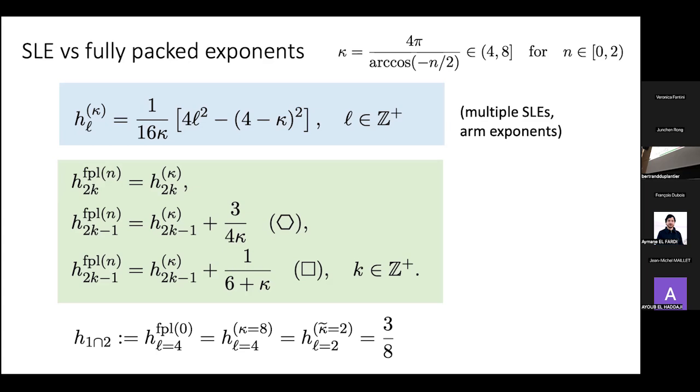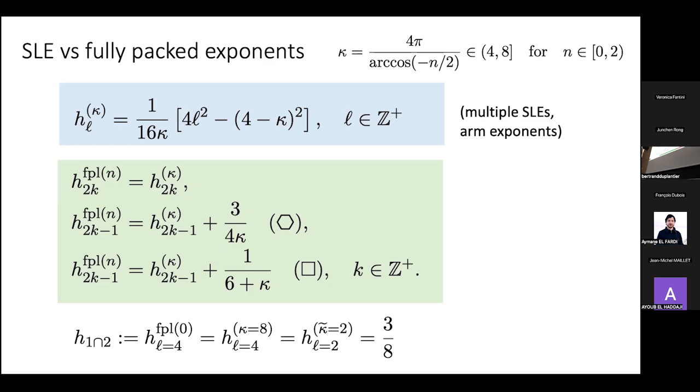And this is where you don't have a difference. But if you take an odd number of lines, so little l equal to 2k minus 1, then you have the formula for SLE, which is this one, plus 3 over 4 kappa, which is a shift you get, but this corresponds to the hexagonal lattice.